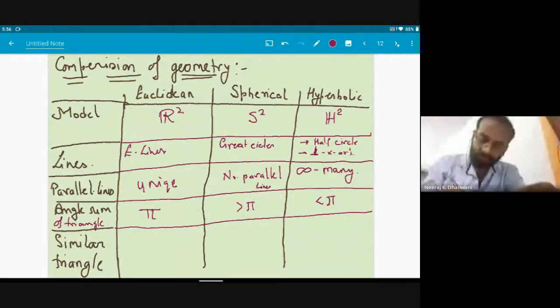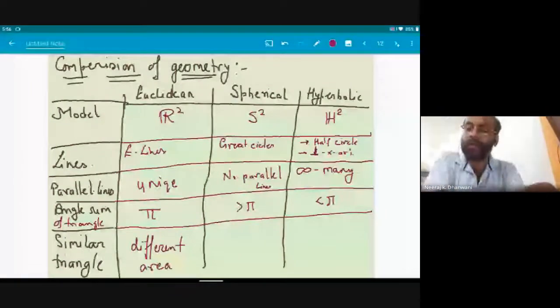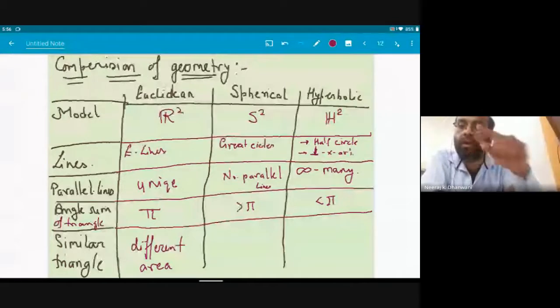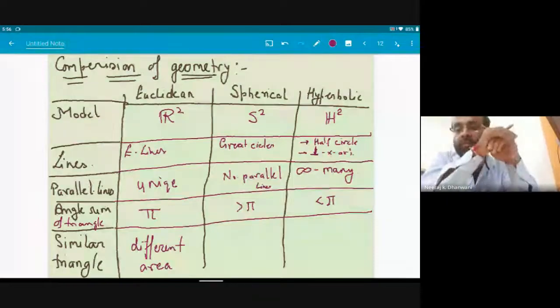So you have different sides, different area. But in these two geometries, if you have similar triangles, they are congruent. So if angles are equal, their sides are also equal.